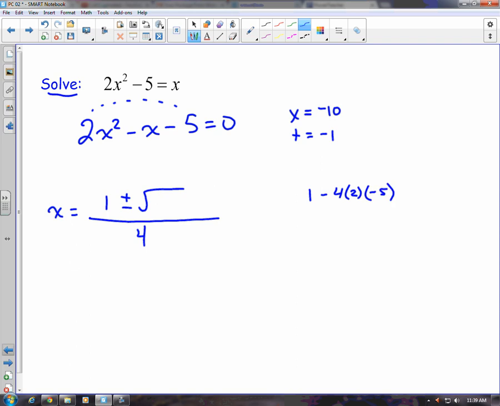So 8, 40, 41. Okay. And then if you could break that radical down or simplify it, if there are common factors between the 1 and the coefficient and the 4, you would factor that out. But this particular one, whew, that one wasn't so hard. I mean, it wasn't so long anyway.